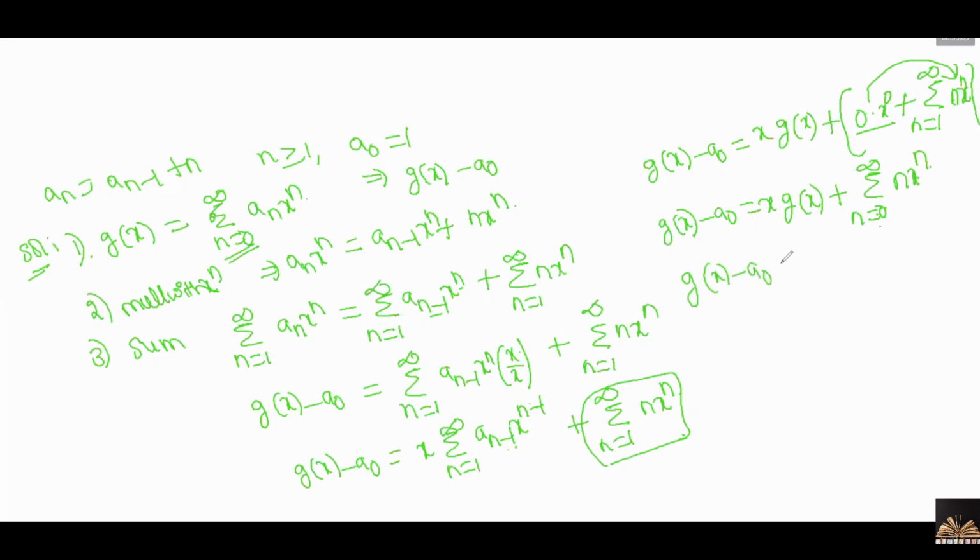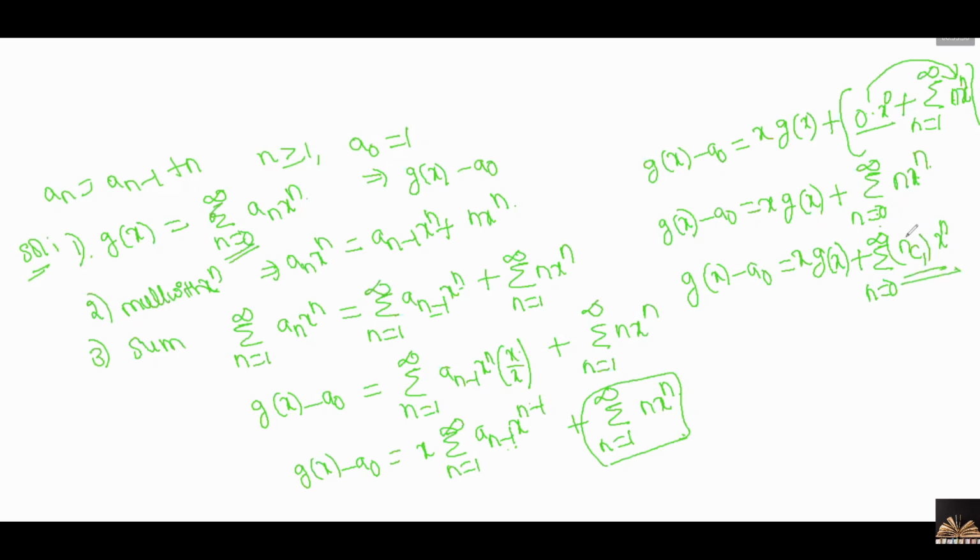So minus a0 is equal to x into g of x plus summation of n is equal to 0 to infinity n choose 1 into x power n. You have to remember this, this is the formula you have to remember.